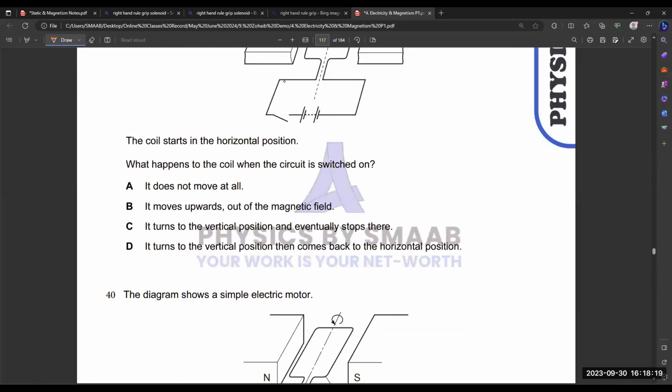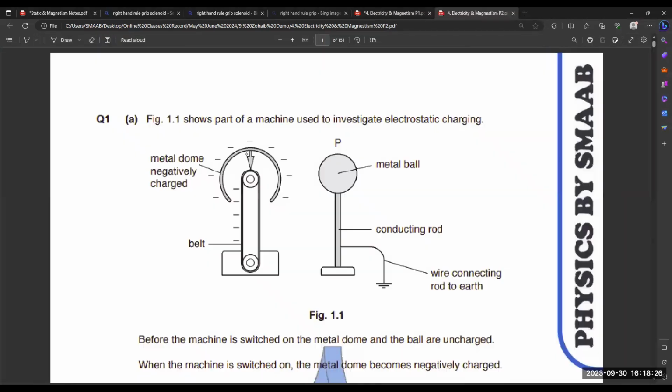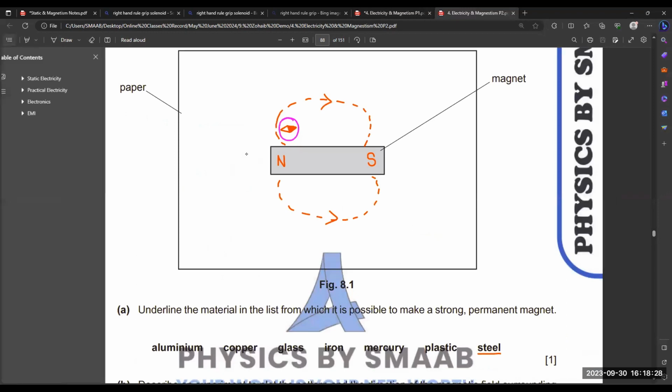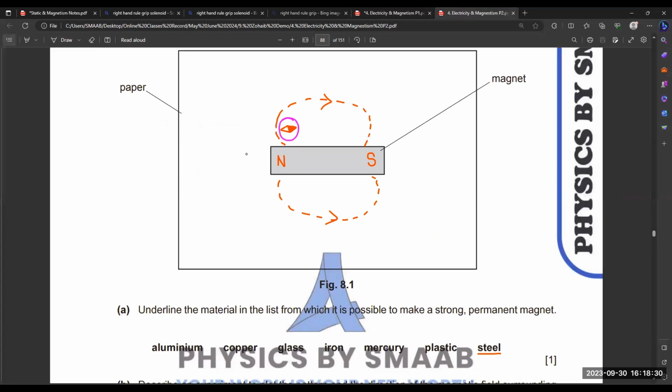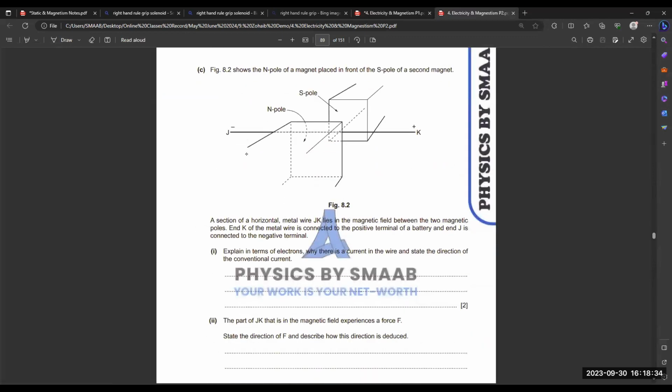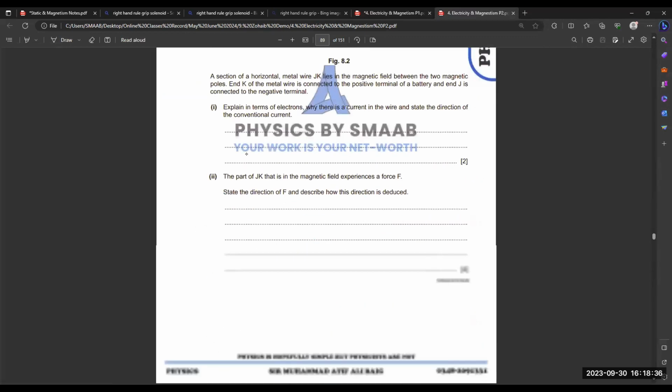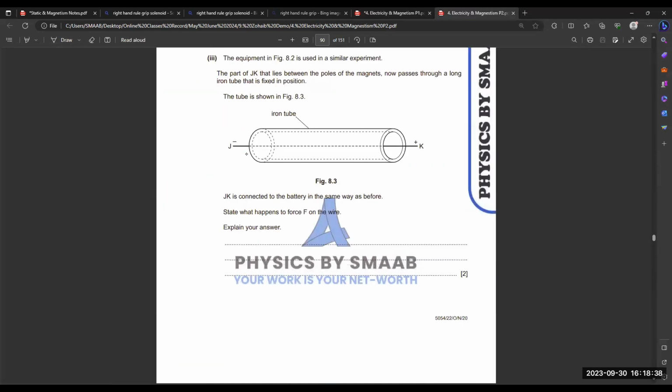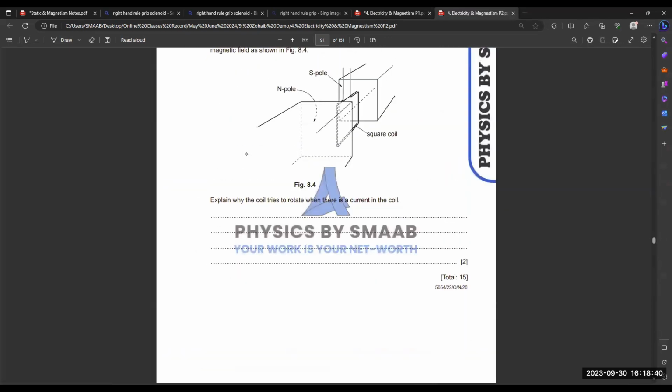Okay, if we consider some theoretical questions also, in this part we have to discuss the force on a current carrying conductor, right? Because we are already talking about the magnetic and electric concepts, now we only have to discuss the concept of the force.